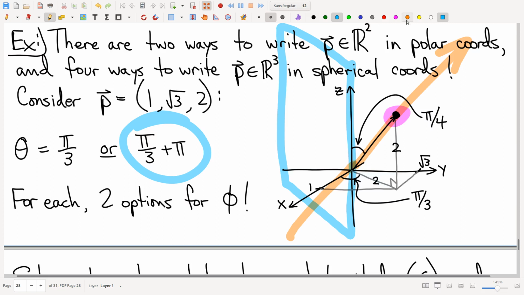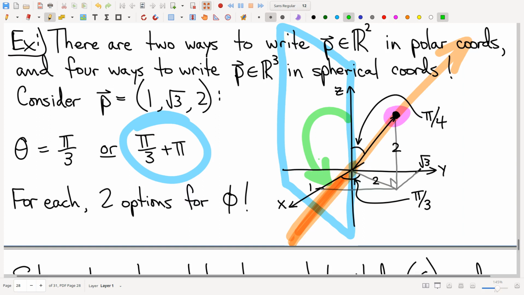That direction is going to be defined by that angle phi right there. Now, what is that angle?